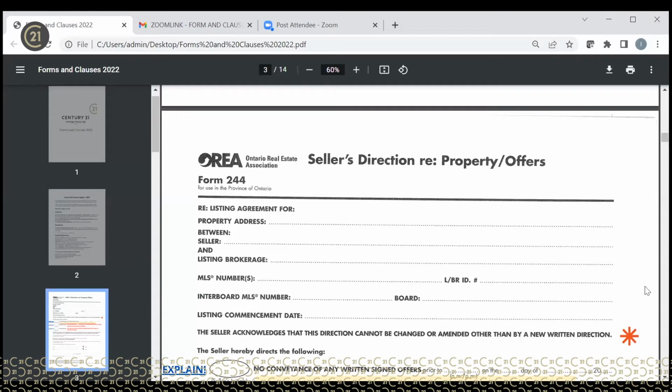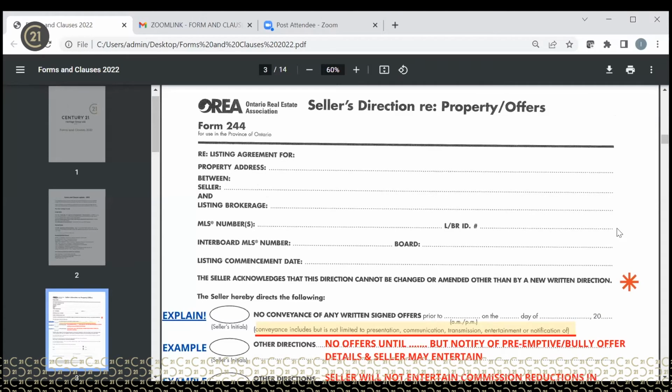So if we are being directed to hold off offers for any reason, we need the seller's written direction. And OREA has provided us with a form so that there is no misunderstanding of the written direction, okay?